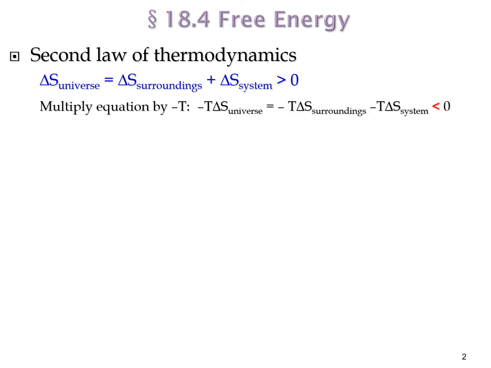In this way, we have negative T times delta S of universe equals negative T times delta S of surroundings plus negative T times delta S of system, so we have a minus T times delta S of system. Remember, we multiplied by negative T, so that is a negative sign in front of it. So what used to be the greater than sign has now switched to the less than sign. So it's going to be less than 0.